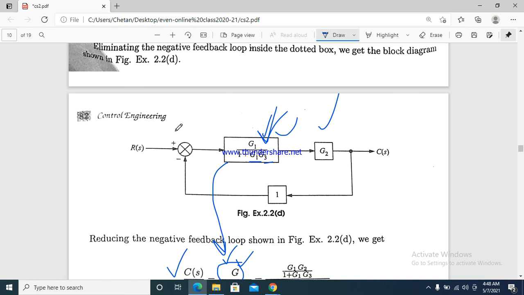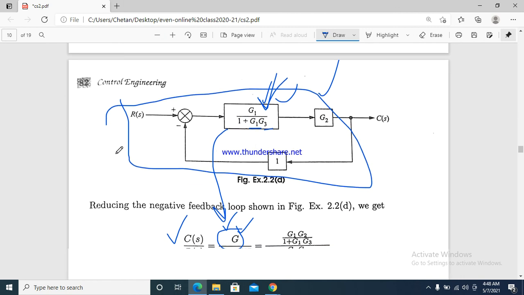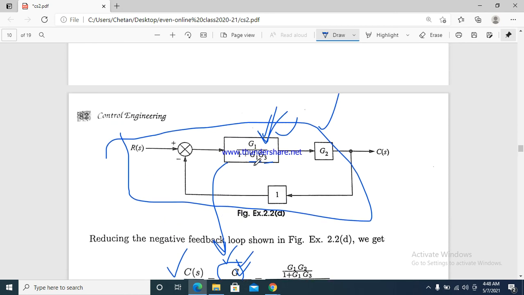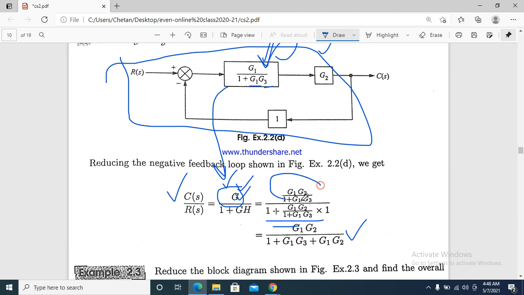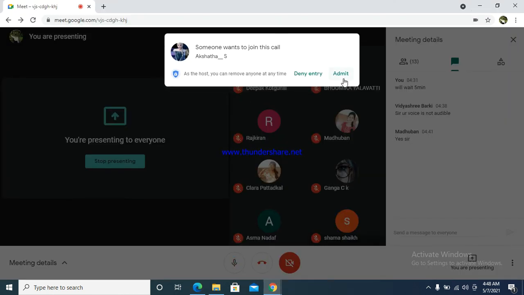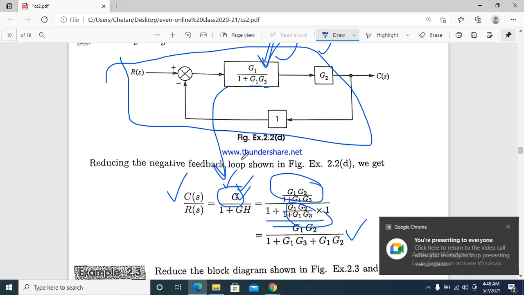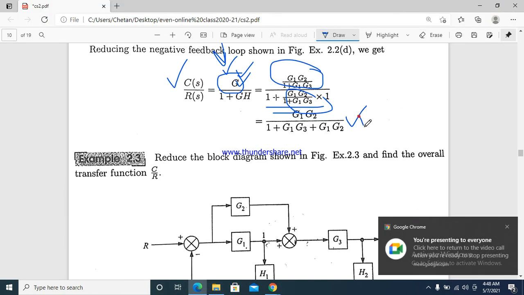Then simplify this expression. C of s by R of s equal to G of s divided by 1 plus G of s into H of s. G of s is what? This simplified one. In place of G of s, we multiply this. This is your simplified answer.